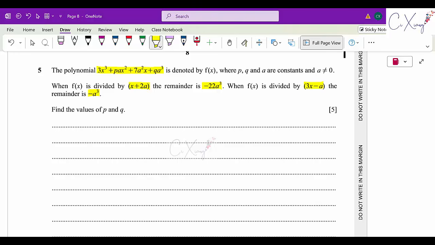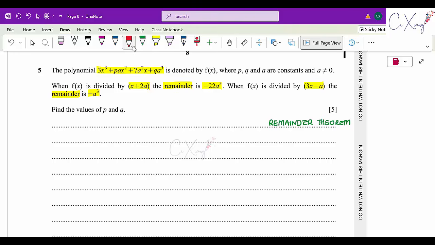For this one, I will emphasize the word remainder. When you have a polynomial with a divisor and they give the remainder, you can basically apply the remainder theorem. The main idea that I have here is the remainder theorem. What does it mean by remainder theorem?